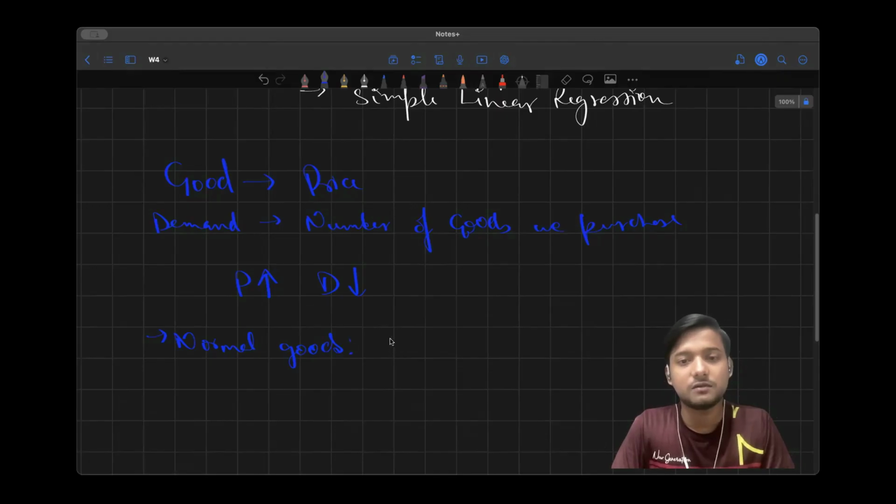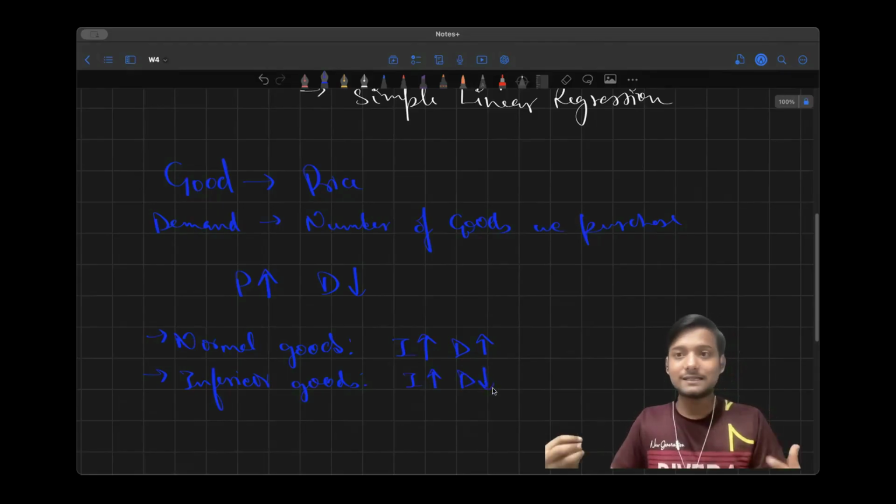Normal goods are basically when your income increases, demand also increases. This is very important. Then there are a few things also known as inferior goods. So when our income increases, their demand decreases. You need to think of it that way.